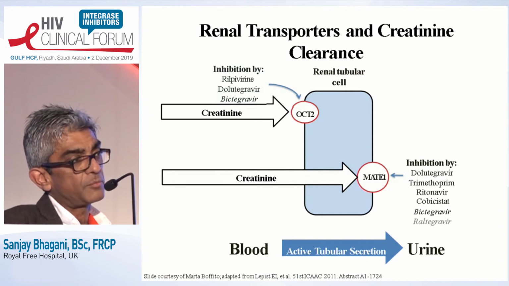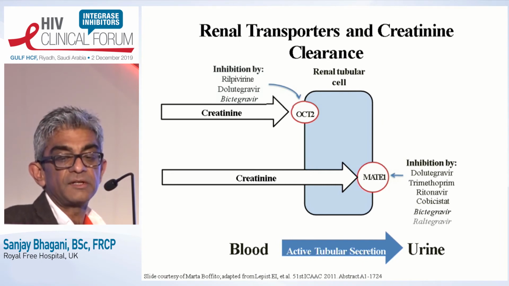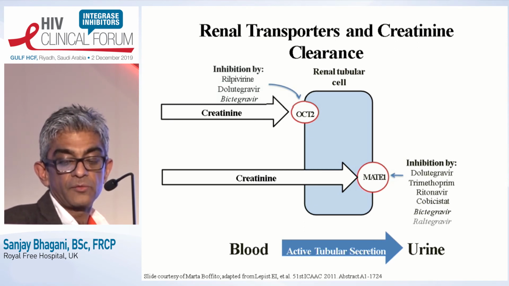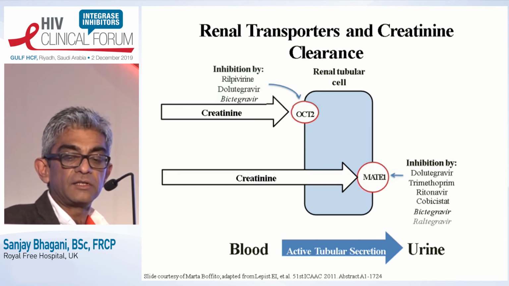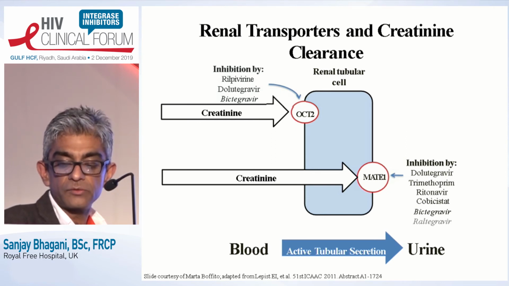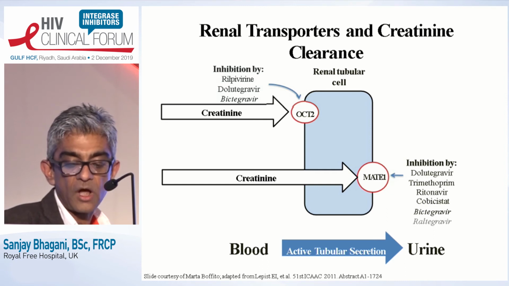The other thing about the integrase inhibitors is the issue of interacting with renal transporters and creatinine clearance. Remember that creatinine in the renal tubules is actively secreted out, and this uses two transporters, OCT2 and MATE1.